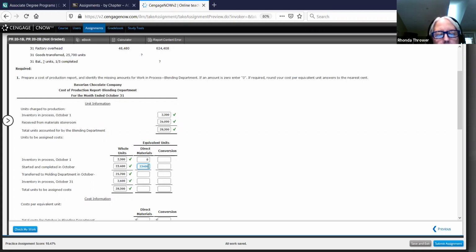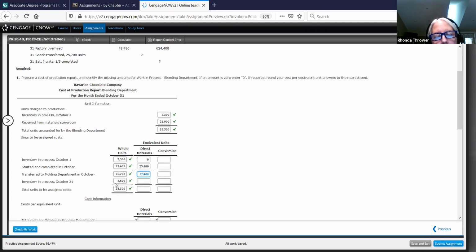So if we combine our beginning inventory units with our started and completed units, what we transferred are 23,400 of materials during October. Since we have started 23,400 and finished 23,400, we actually started 26,000 units, but we finished 23,400 during this period of time.